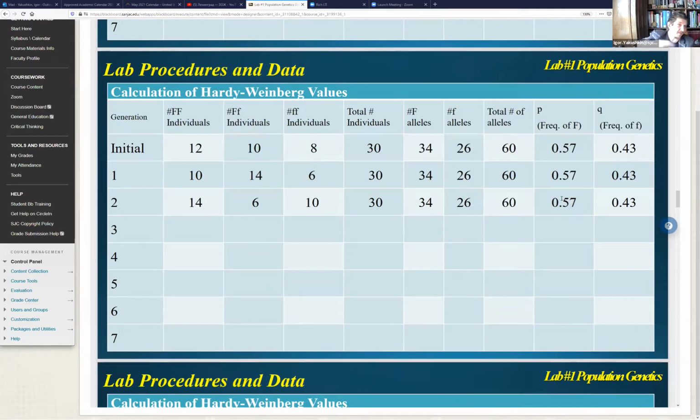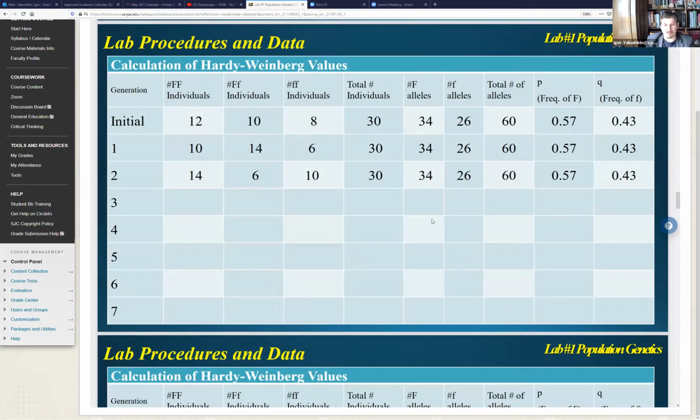Is it in equilibrium? Yes. Does evolution happen? No. Is it possible in the real world? No, it's not. But it's a really good way to show you how and why we're using the Hardy-Weinberg equilibrium to show the changes in the population momentarily. Once again, maybe that was another fluke, so let's do it one more time.